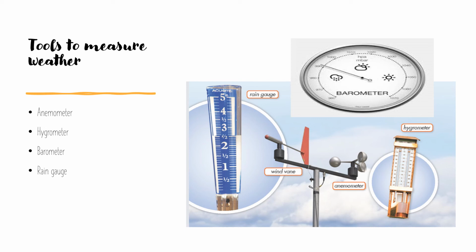Next is the barometer. This measures the air pressure, how much pressure of the air there is. Rain gauge. Rain gauge is to measure the amount of rain fallen, or you can say how much the rain fell. We can measure that with the help of the rain gauge.